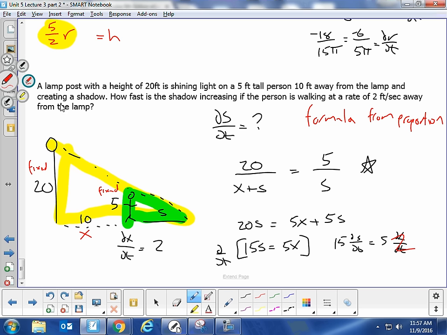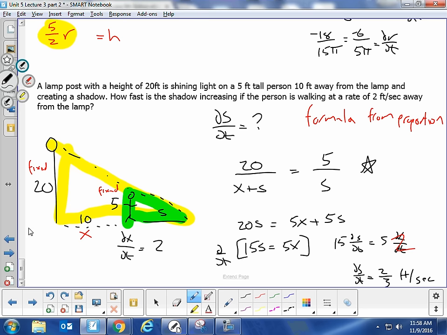So ds/dt is 10 over 15, which is 2/3. That would be a unit to the first power per second. Okay, so that one's tricky if you're not familiar with it.